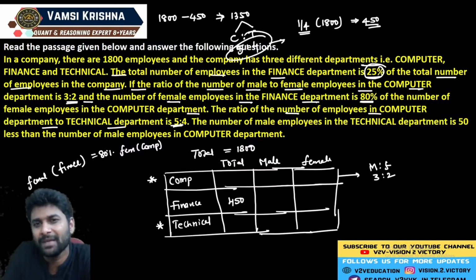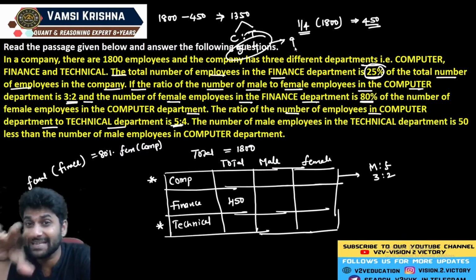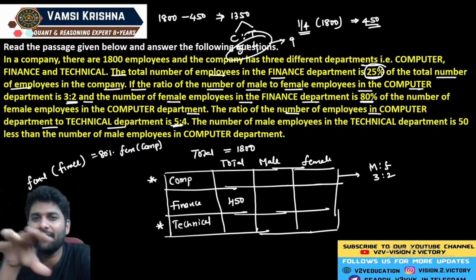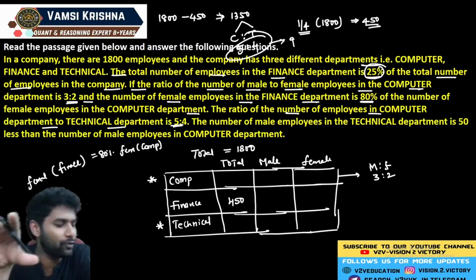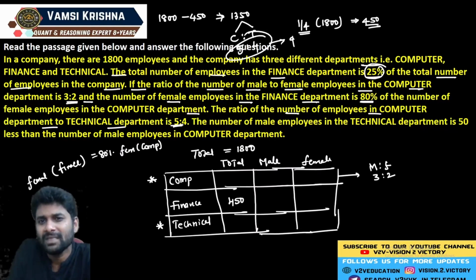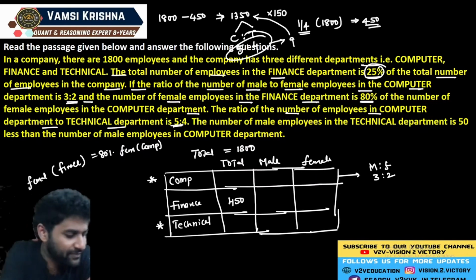Check the calculation here. If there are 9 people, let's take it this way: 5 people from the computer department and 4 people from the technical department. You already know that 9 becomes 1350. See, 9 multiplied by 150 becomes 1350. It means each number is multiplied by 150 times.